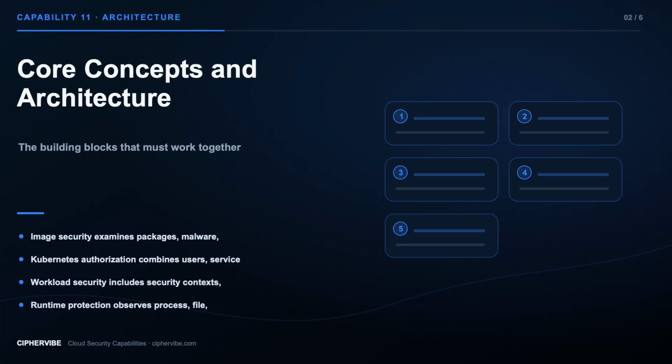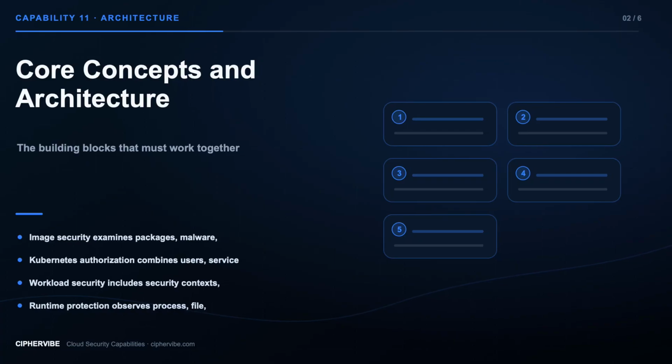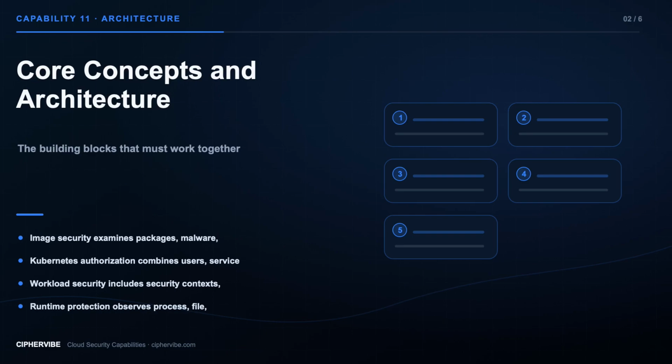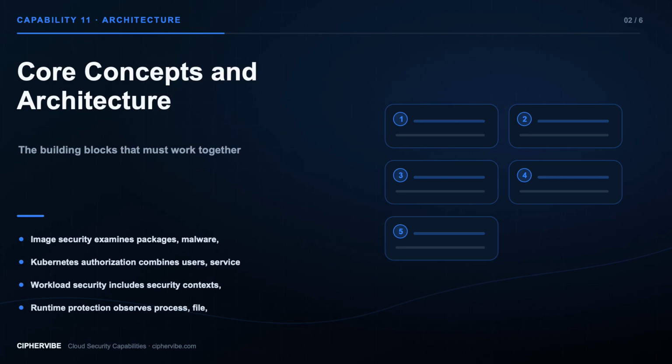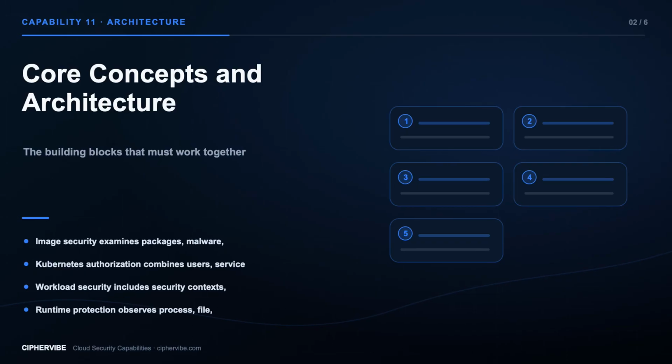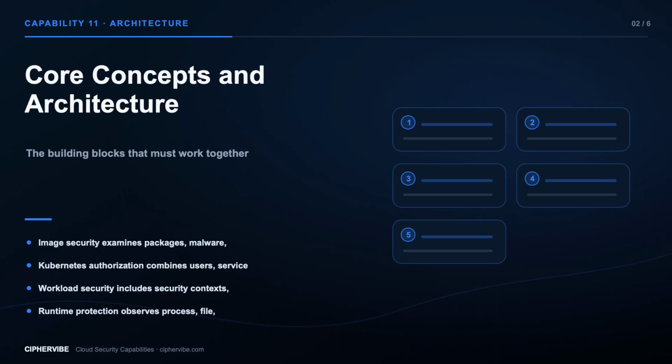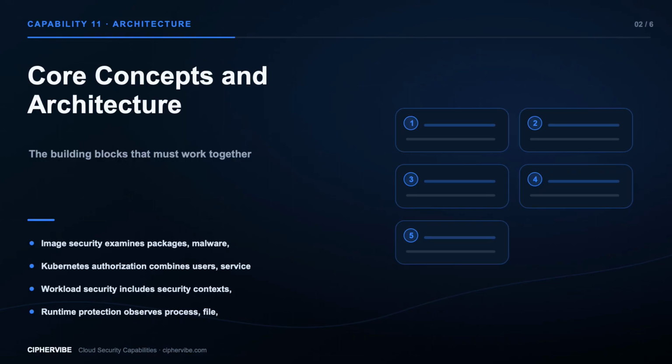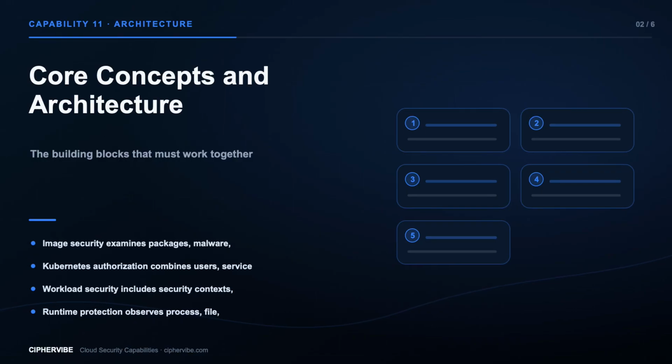Third, workload security includes security contexts, capabilities, host access, volumes, network policy, resource limits, and secret delivery. Fourth, runtime protection observes process, file, network, system call, orchestration, and cloud behavior after deployment.